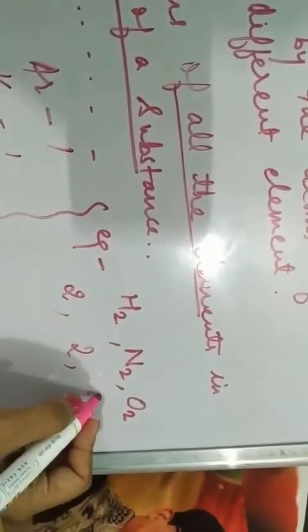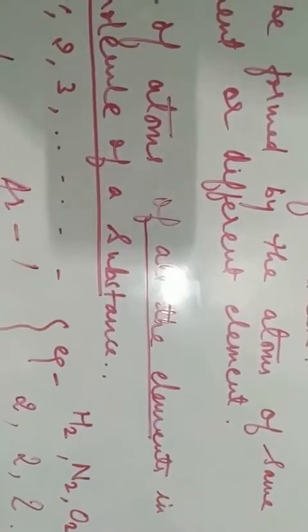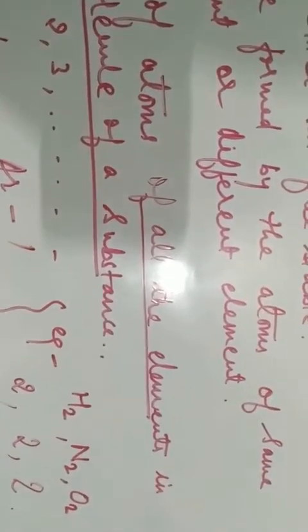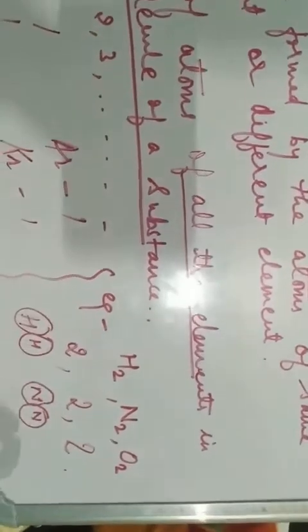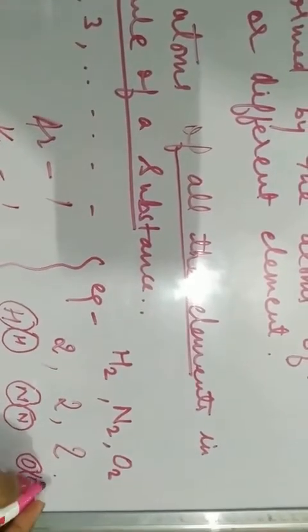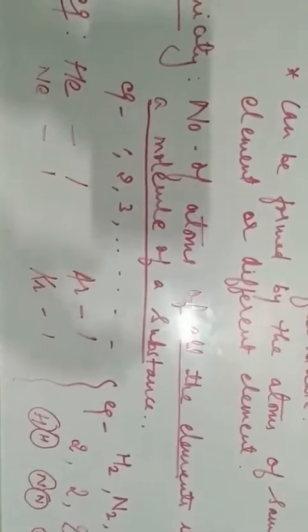Same here, oxygen is also 2 because it is made up of 2 atoms. So one hydrogen and another hydrogen, nitrogen and nitrogen, they form atomicity 2. Okay, so these are the diatomic molecules of the elements.